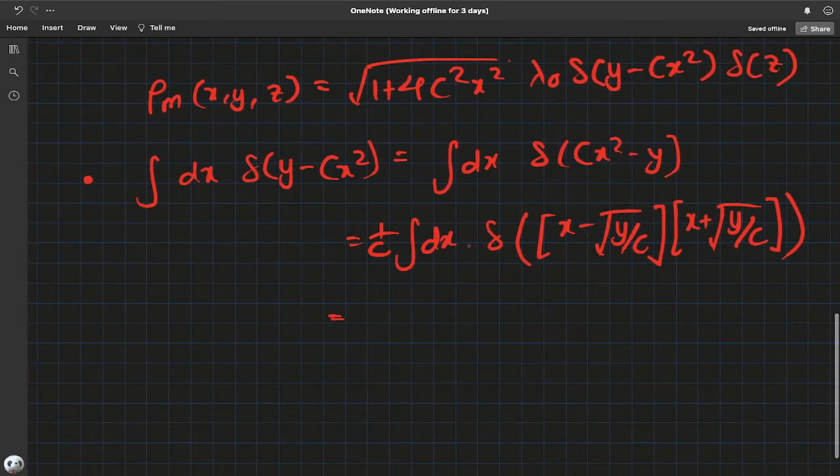I just divided the inside argument by c, and then converted that using an appropriate identity from the last video, and then just wrote it as a difference of squares.